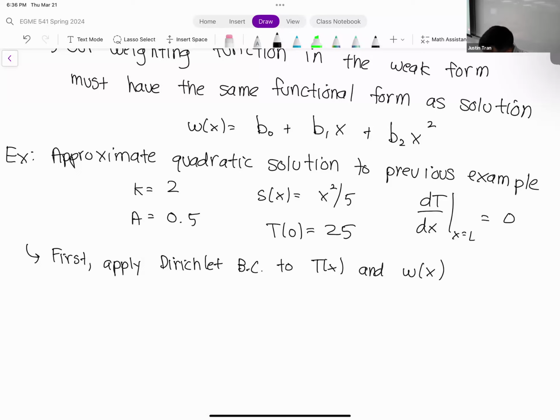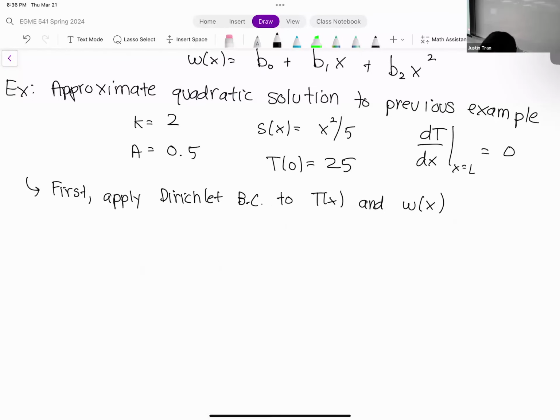Our boundary condition is T at x equal to 0 is equal to 25. What we're assuming is that T of x is a0 plus a1 times x plus a2 times x squared. We're assuming a quadratic solution.